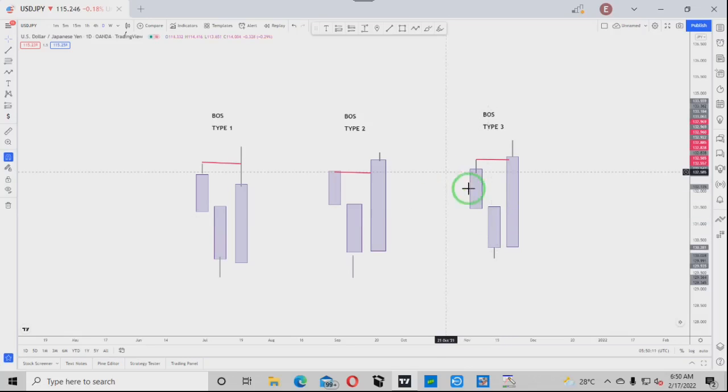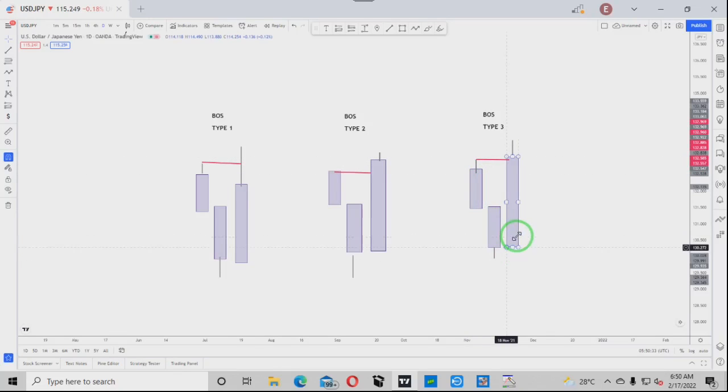Here, price pushed down and printed a low here, and then price pushed back up and closed above this candle wick, which is the high before this drop.